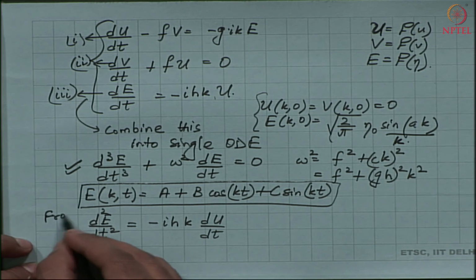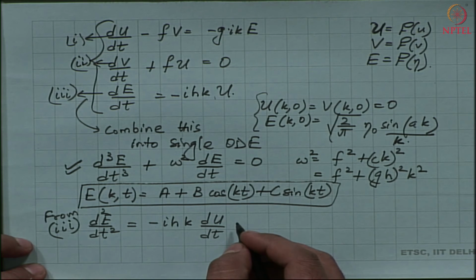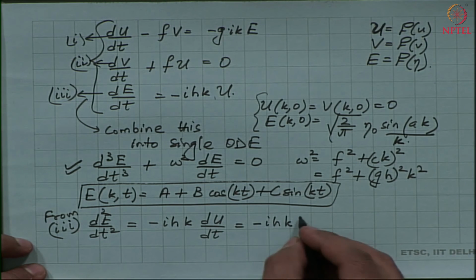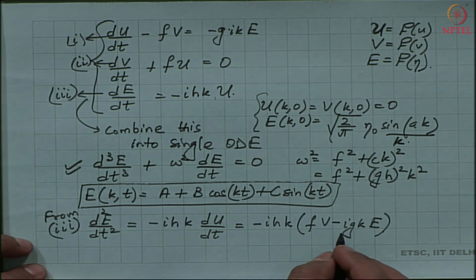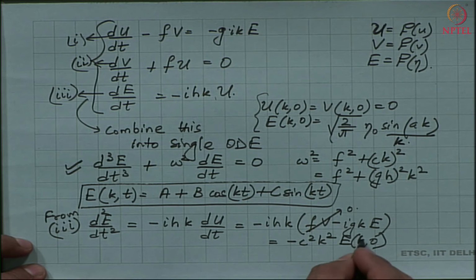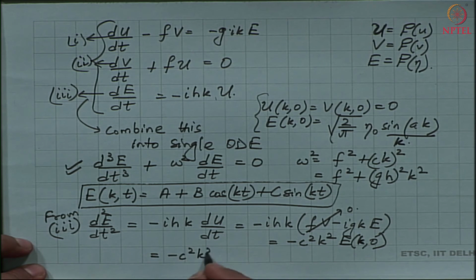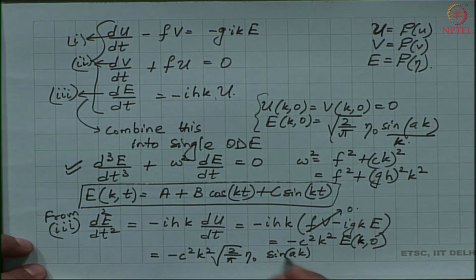So, from III I get this expression, but this du/dt is equal to negative ihk f v minus igk E. Now at t equal to 0, v is 0 and all I am left with is E. So I get that this is equal to negative c²k² E at (k,0). Now if I substitute, this is going to be c²k² √(2/π) η₀ sin(ak)/k.